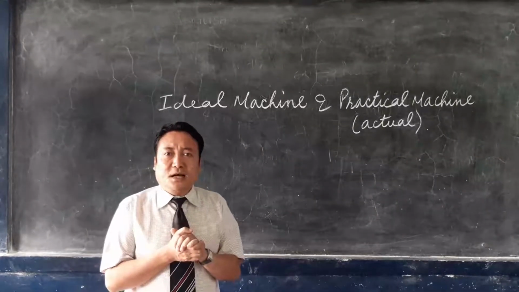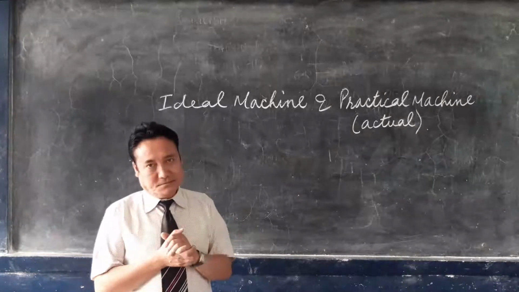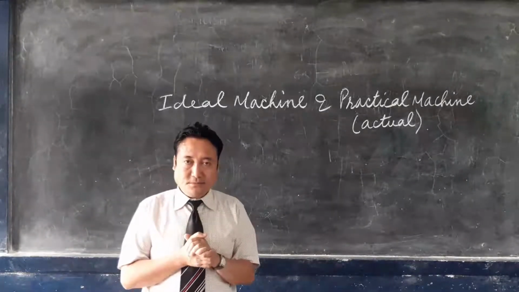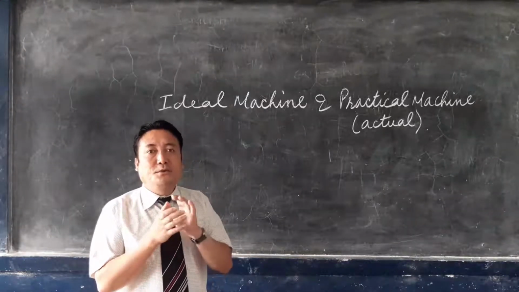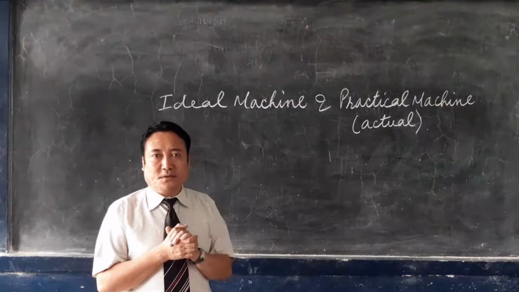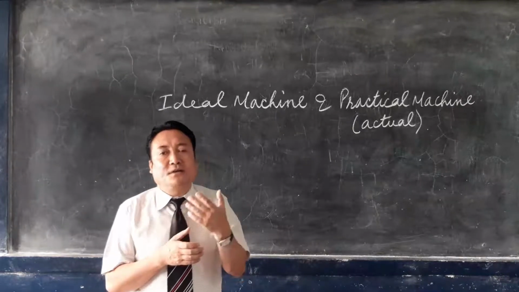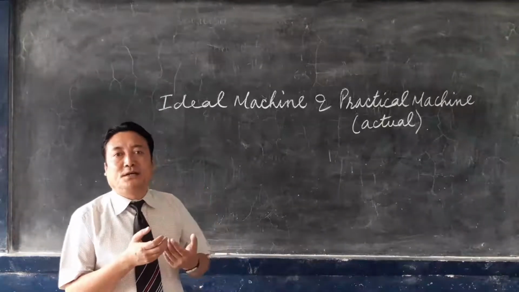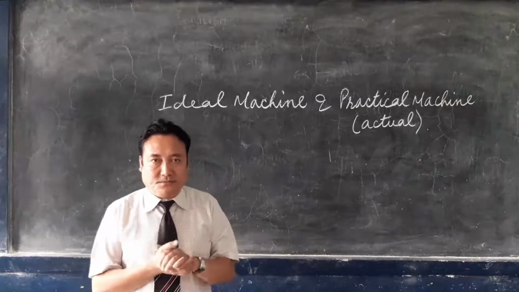And an ideal machine, you can make by yourself. How you can make it is, you purchase any machine and you keep it, you don't use it. After a month or a year, these machines stop functioning.